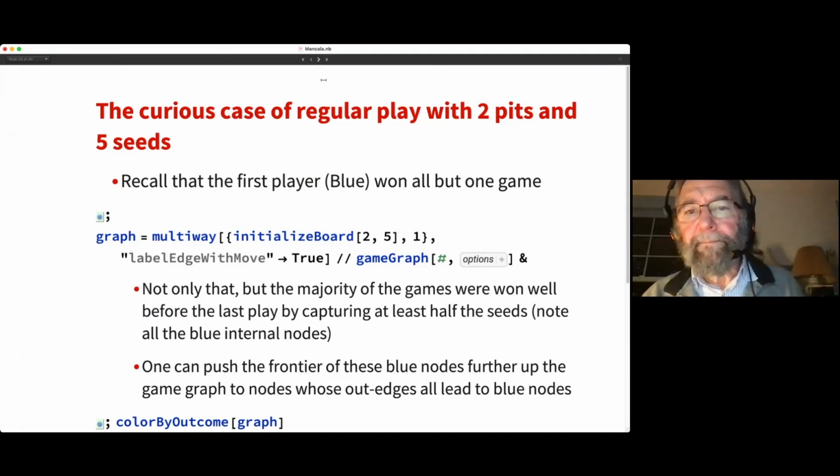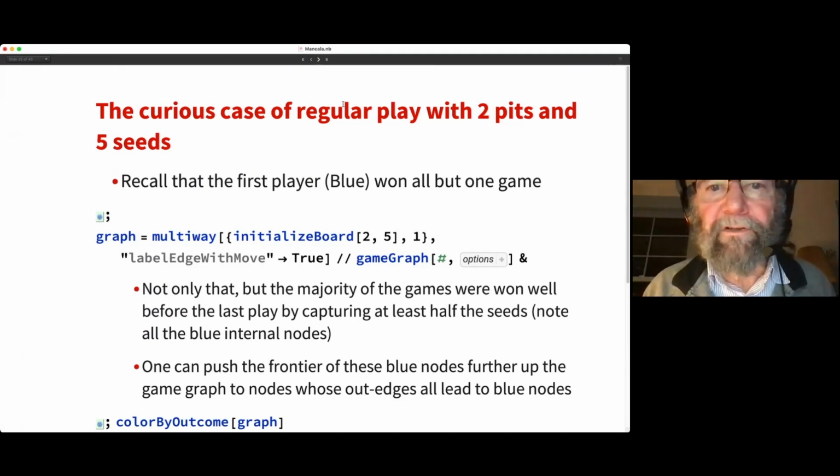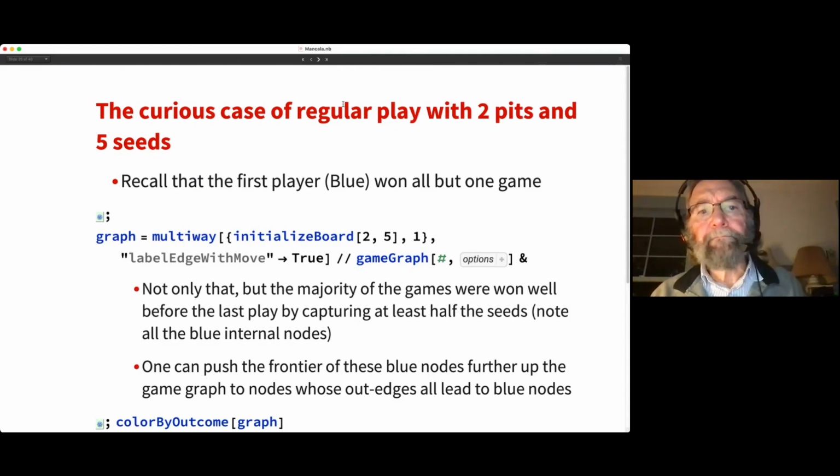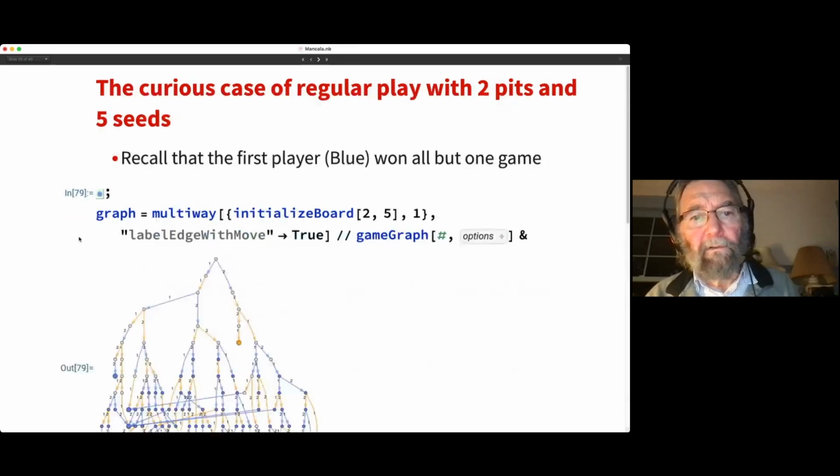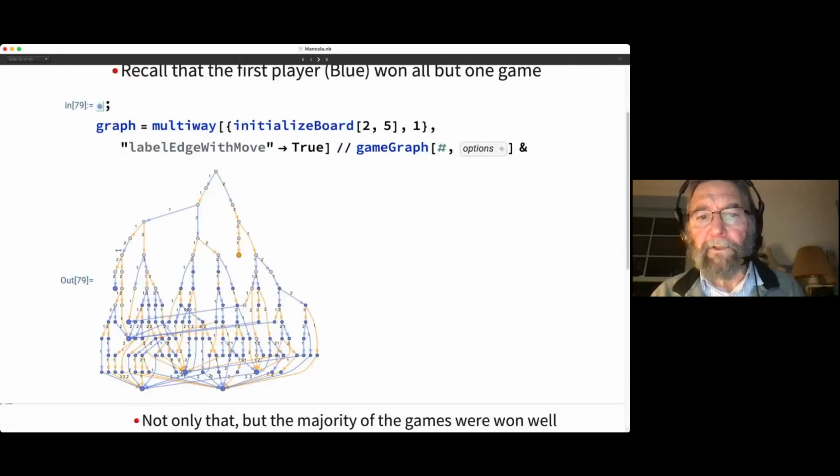When I showed you the win distribution, it was interesting that there were a couple of very pathological setups that led to player one winning nearly all or all of them.